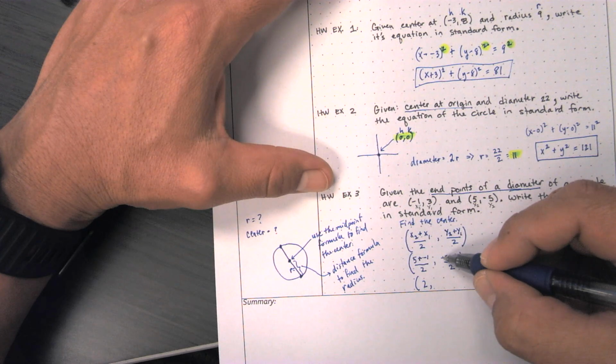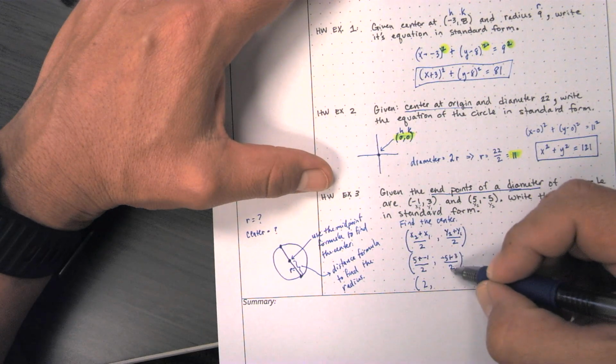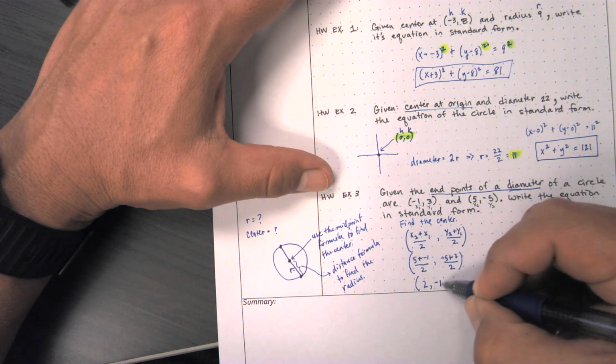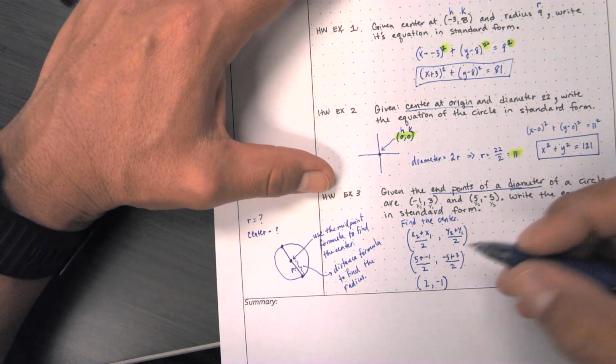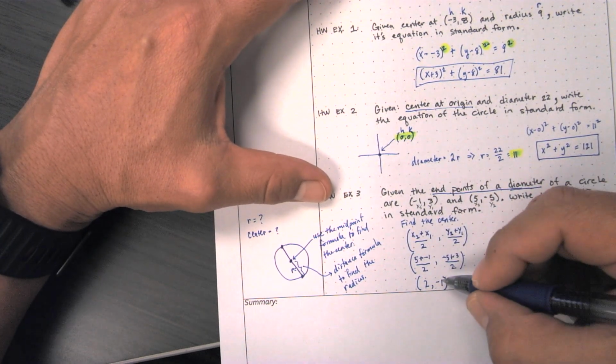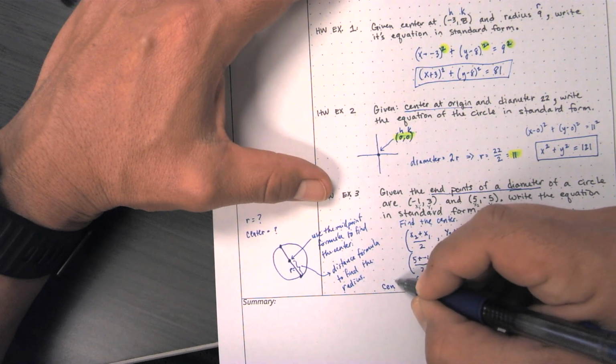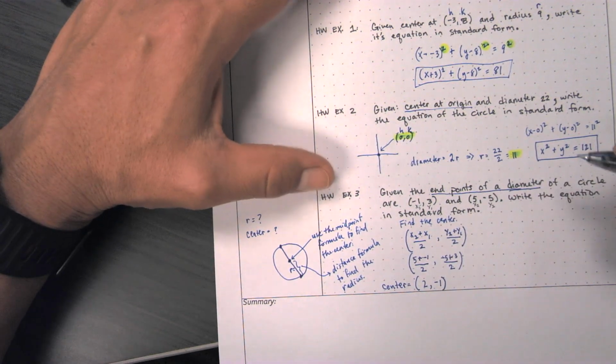Then negative 5 plus 3 will be negative 2. Negative 2 divided by 2 will be negative 1. So our midpoint of the diameter, which is our center point, is going to be here. So now we found the center.